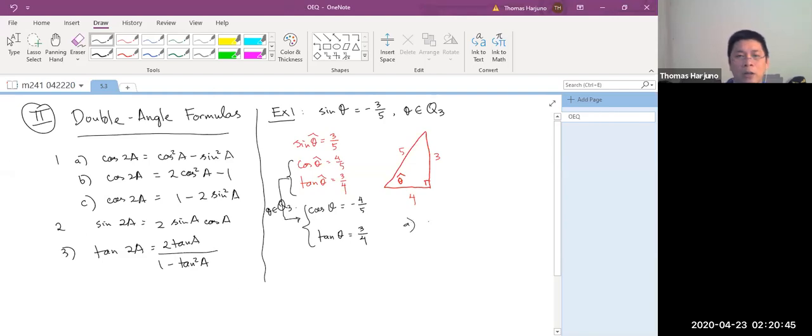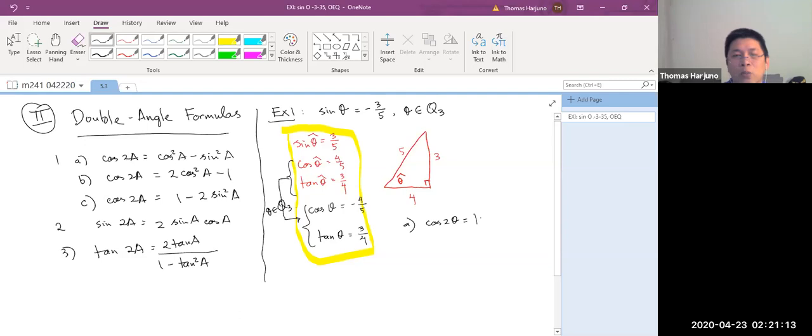How about cosine 2 theta? You have 3 variations, and we can use any one of them. But suppose you didn't have a chance to get all these things here, then the best one for you is the third variation because you have the sine.